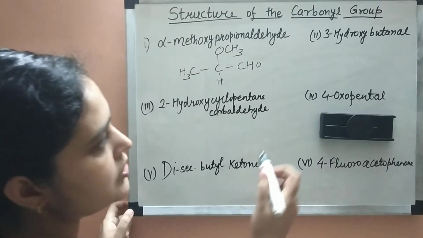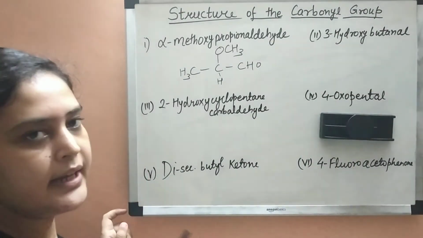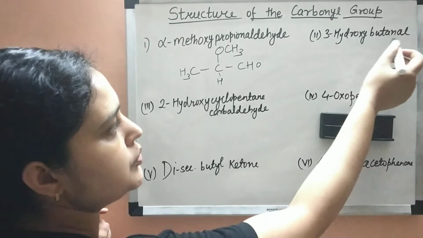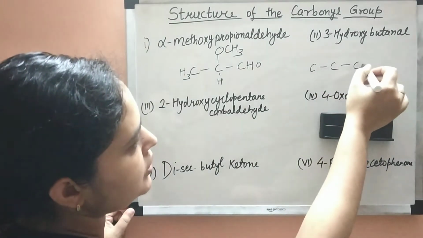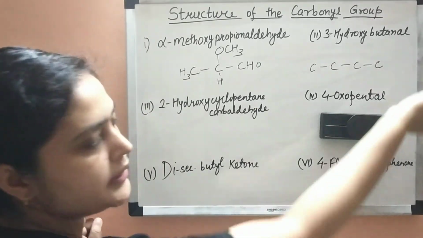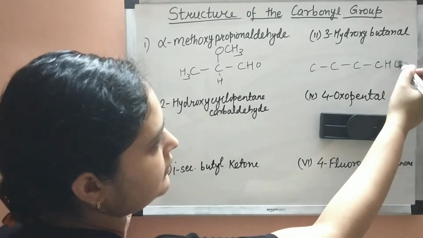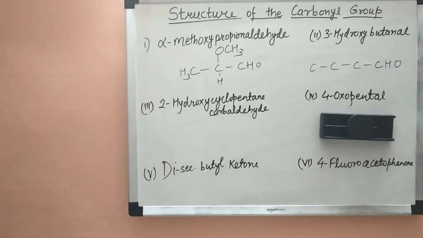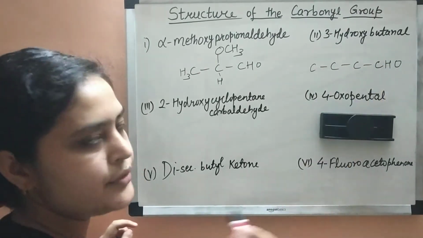The next name is 3-hydroxybutanol. So it has 4 carbon atoms because it is butanol. So 1, 2, 3, 4. And also it indicates the aldehyde. So at the first carbon I am writing CHO, that is aldehyde, and at the third carbon there is hydroxy group, that is OH group.